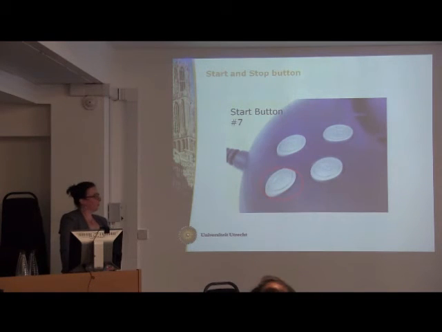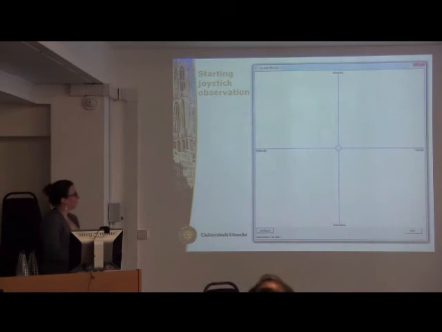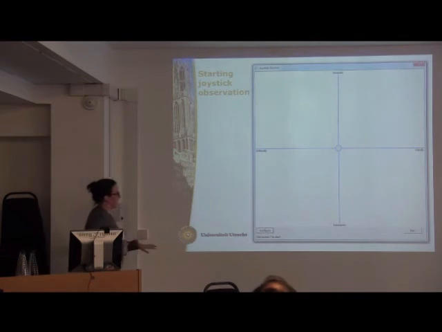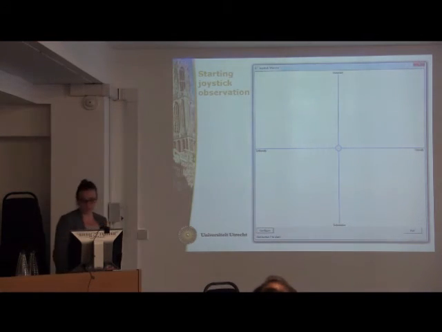It should be pressed once to start coding and twice to stop coding. Okay, and then you save your data, and you go back to the screen. It also says here in the bottom that you can press button 7 to start coding.